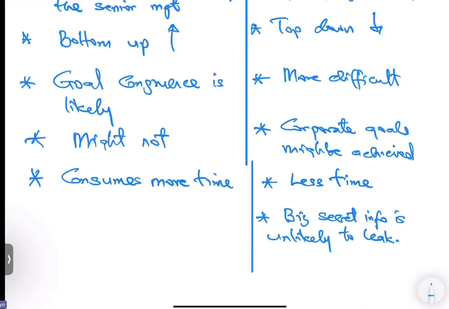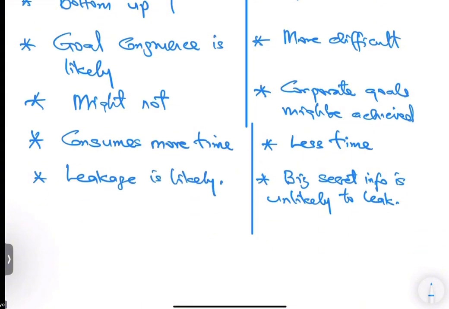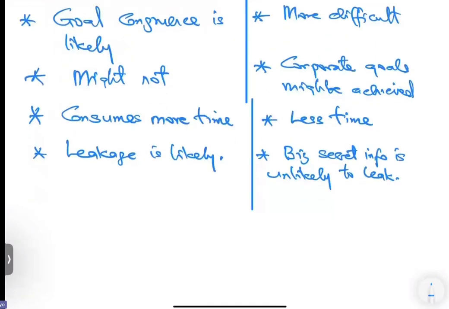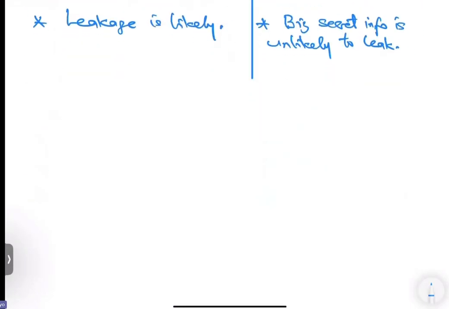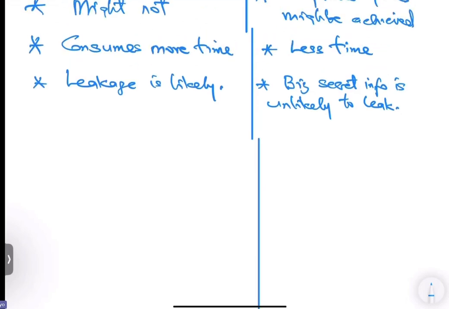When information starts going around so many people, there's a likelihood for leakage. So that's why in participatory, leakage is likely. Right? You see, we are making a good comparison just like we did for the other types, because it's easier to follow it like that.